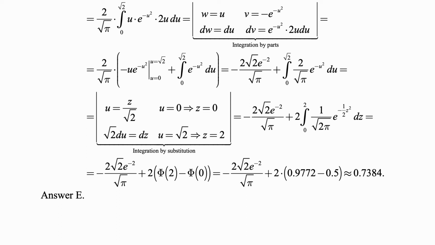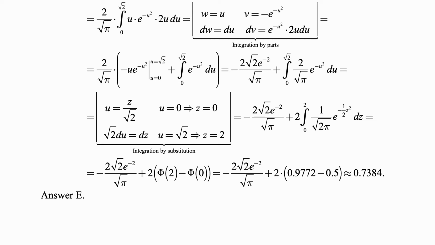And then we let w be u, then dw is du. So what we have here is w times dv, and that's equal to u times v evaluated over the same limits, minus the integral over the same limits of v du. Of course, minus makes it a plus.